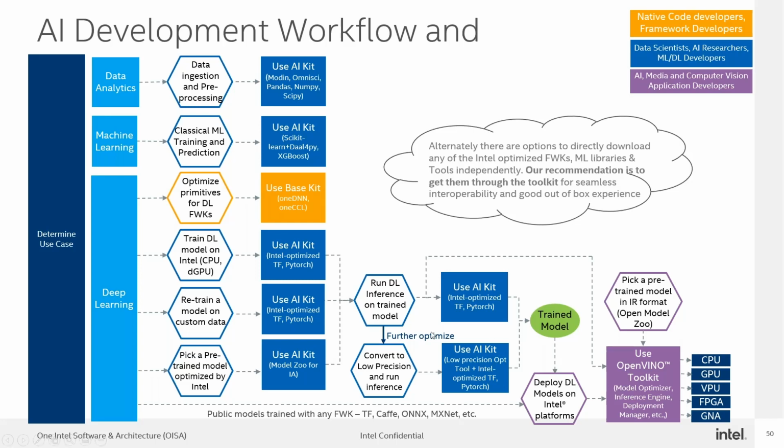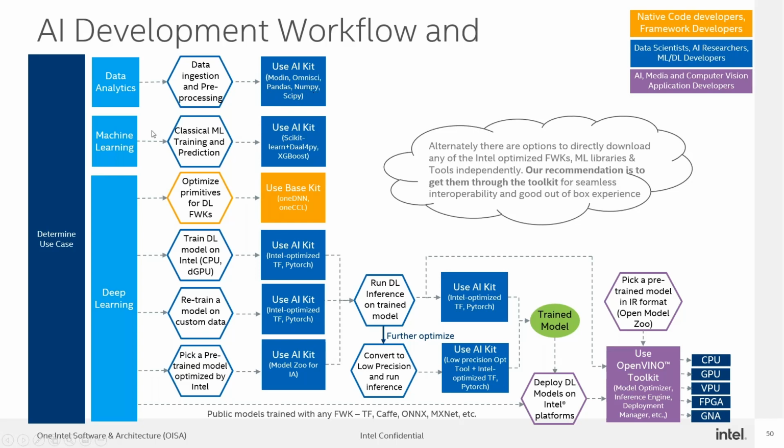Depending on your workload and how you would like to run it, there are several usage models that you can consider. First, if your workload is about data analytics, like data preprocessing, you can use the data analytics related software in the AI Analytics Toolkit, like the Intel optimizations for Pandas, NumPy, and SciPy.